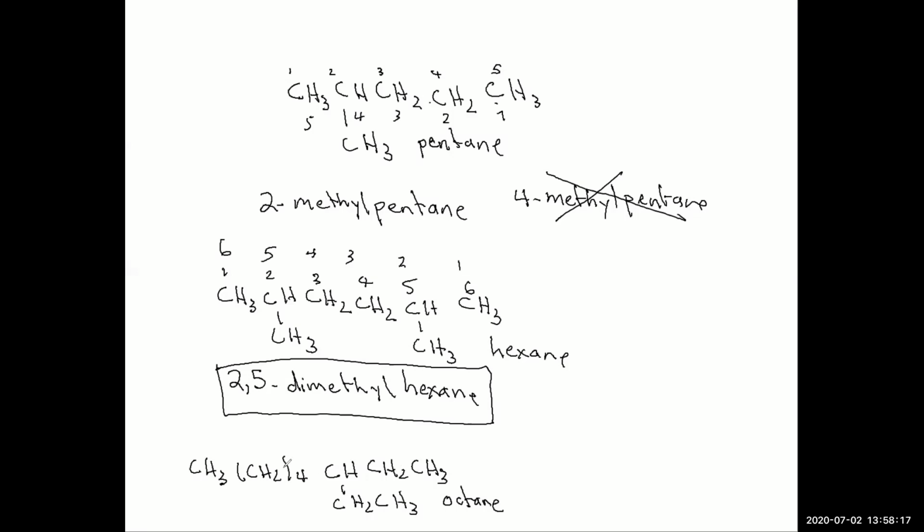So we number from here. This would be 1, then 2, 3, 4, 5, because remember, there are 4 of these CH2 groups, so we have to include them in the numbering: 5, 6, 7, 8.